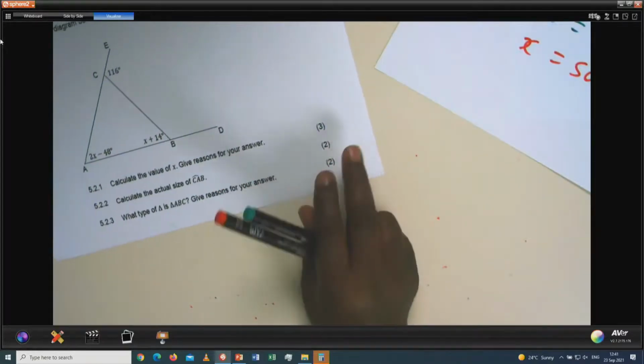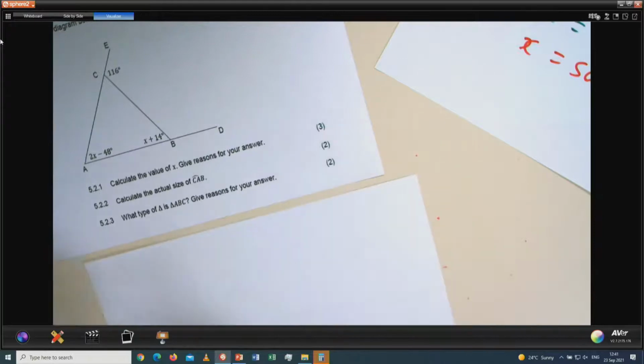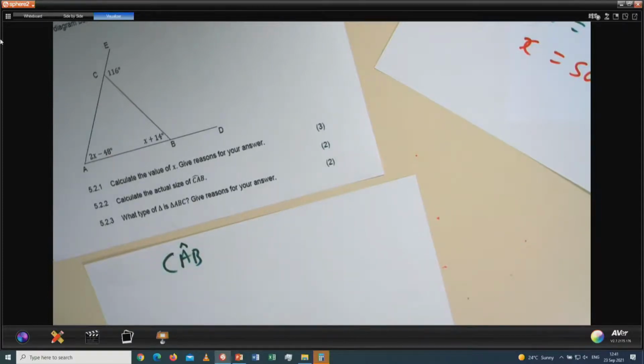Now, we are looking for the size of angle CAB. What is the size of angle CAB? Remember how I said, how do you name angles? You put one finger on the first letter, another finger on the last letter.